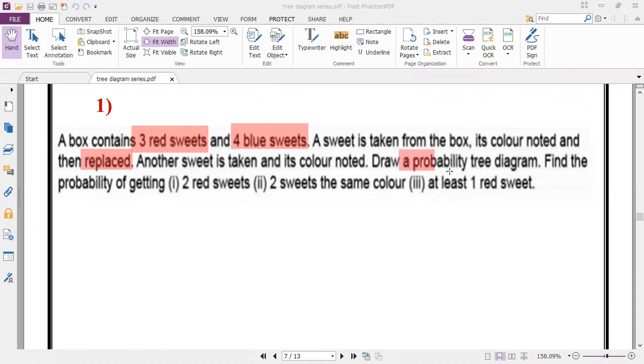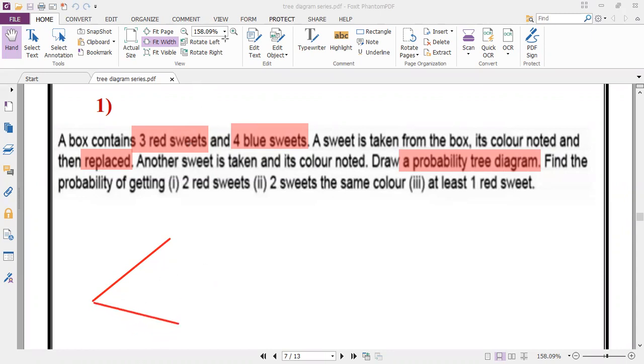Draw a probability tree diagram. And we have some questions. Find the probability of getting 2 red sweets, 2 sweets the same color, at least 1 red sweet. So draw the tree diagram, because the tree diagram will help us in finding the probability.